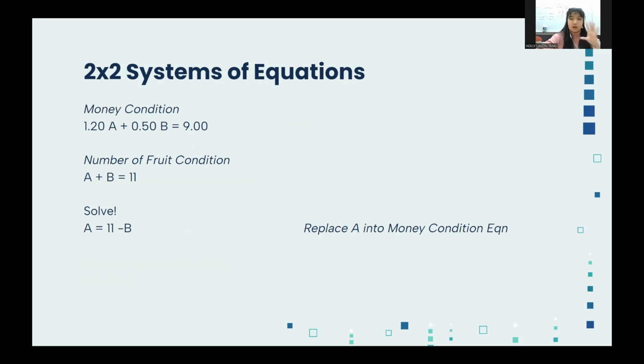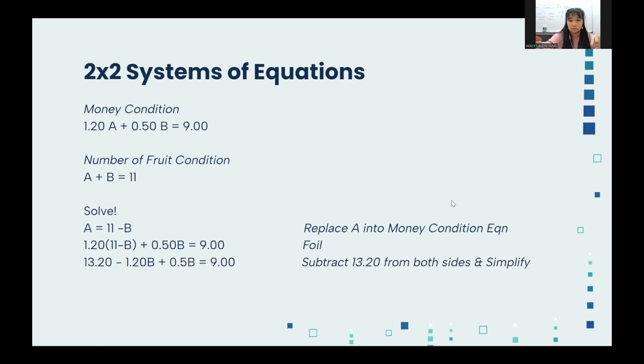All right. So then now that we have these, we can go ahead and solve. So this PowerPoint goes through every single step, and then on the side, it tells you what I've done at each step. So I've solved for A in our number of fruit equation, and then I replace it into the money condition.